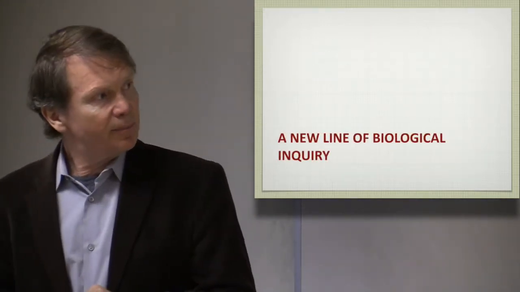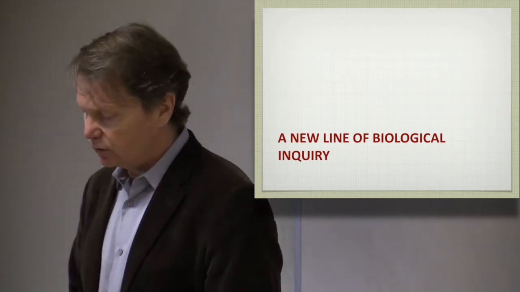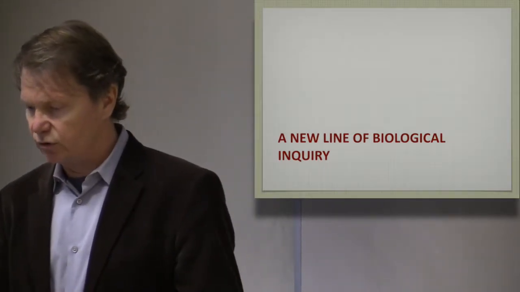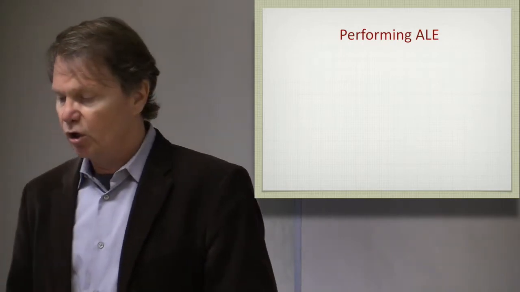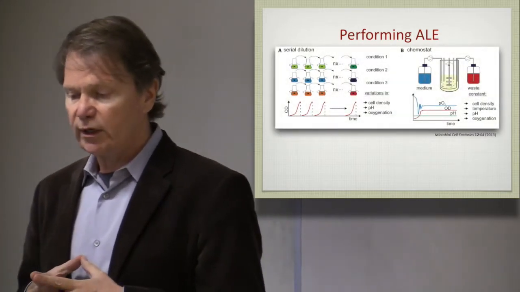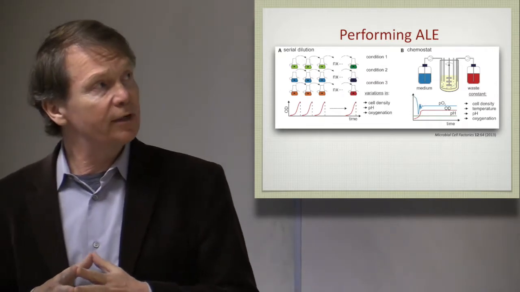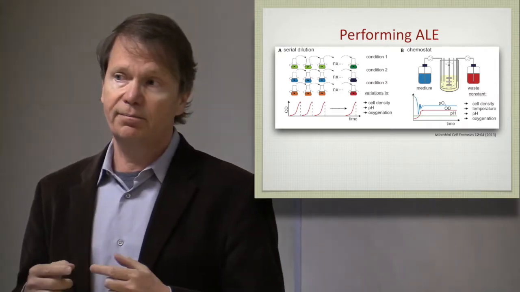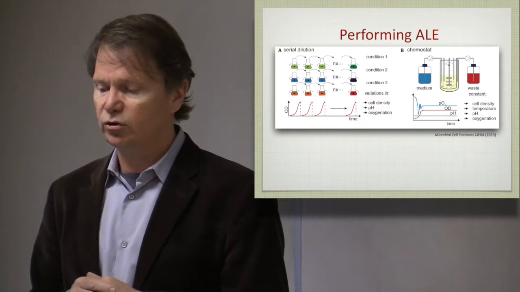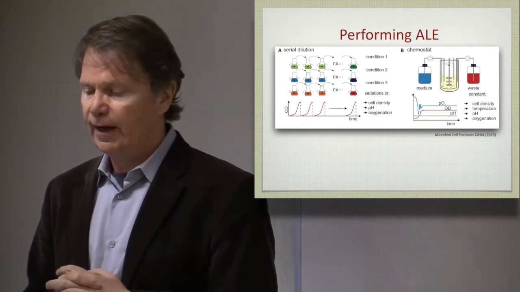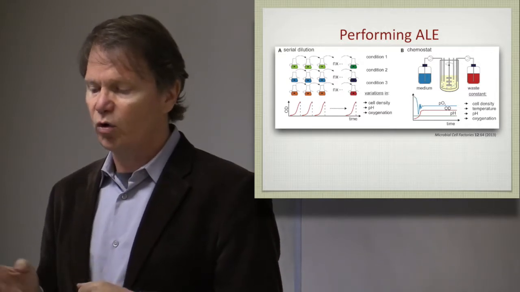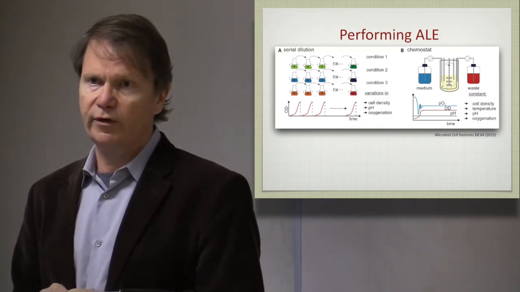Okay, so let's talk a little bit about ALE, or adaptive laboratory evolutions. So performing ALE, how is ALE performed? So there are different ways in which one can do this. So a couple of them are illustrated here. One is simply serial passage from one culture to the next. We take a small aliquot and pass it into a new media, let them grow, and you repeat this over and over again.